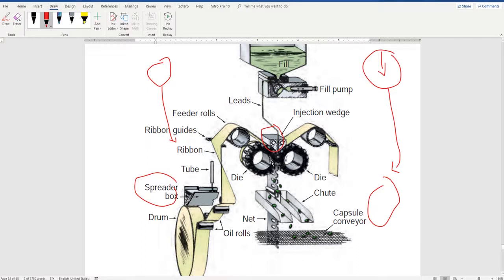بصير عندنا we will have opening. We will have filling. طيب, بصير عملية الفيلينج with the dose, required dose, and these dies are rotating. شو بصير؟ بيستمروا. Then they will be closed.